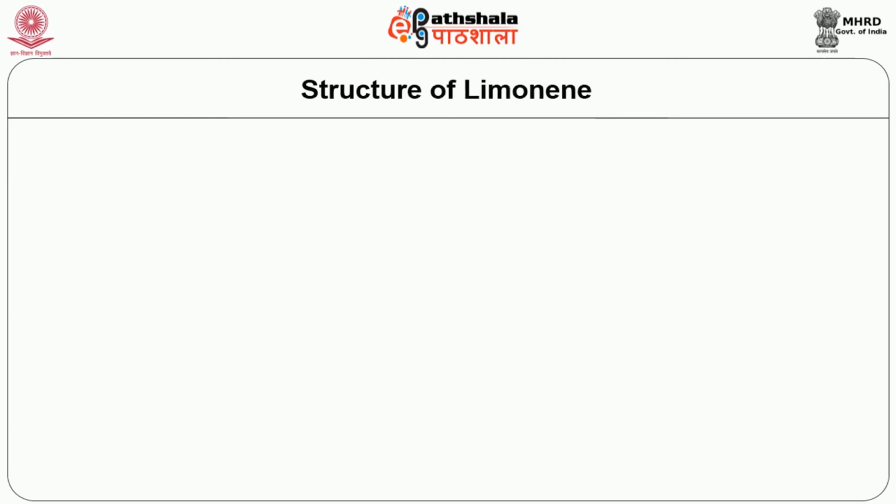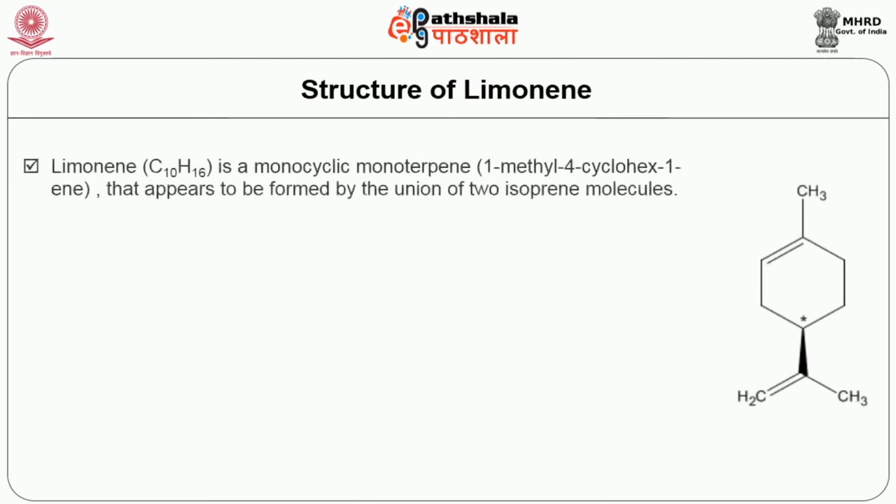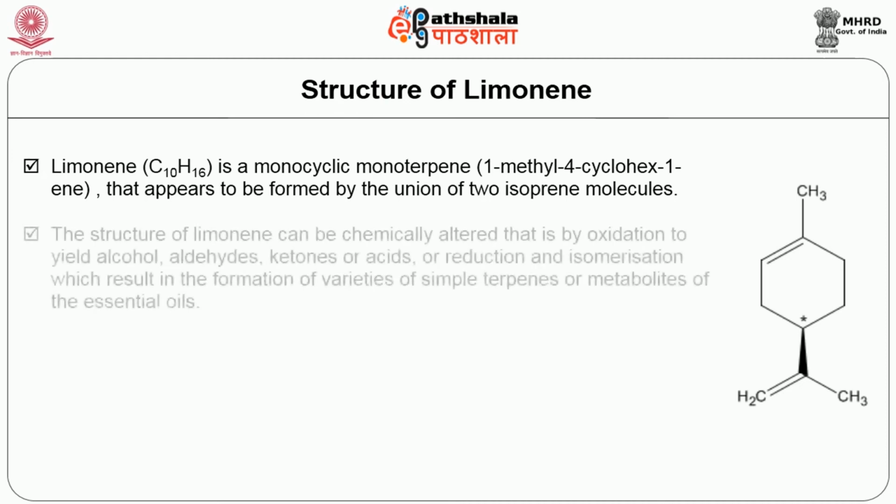Have a look at the structure of limonene. Yes, this structure is a monocyclic monoterpene and it appears to be formed by the union of two isoprene molecules.